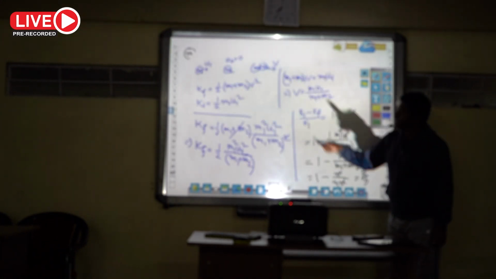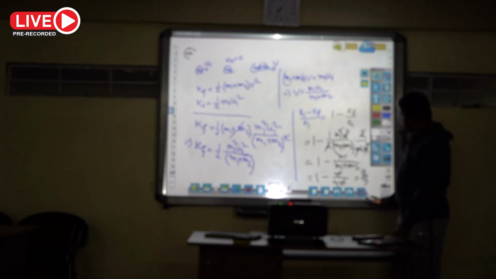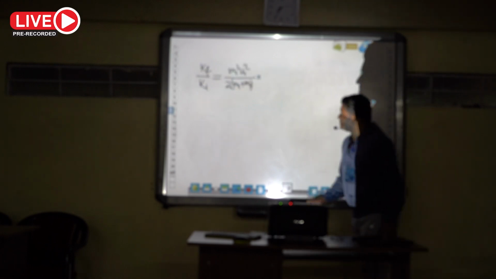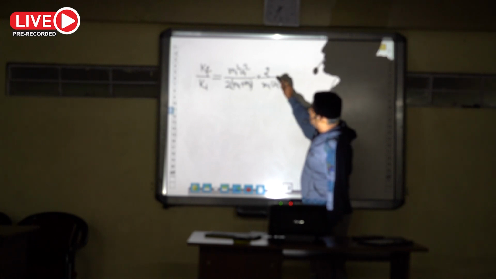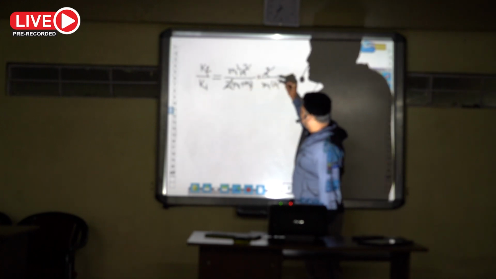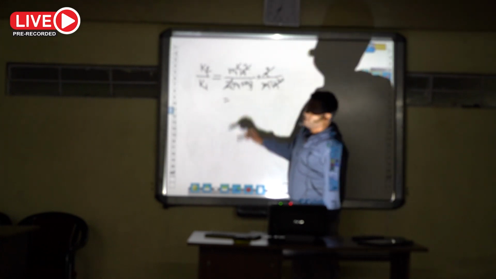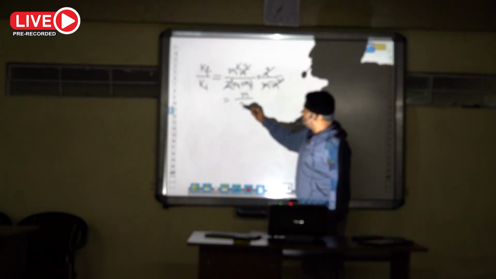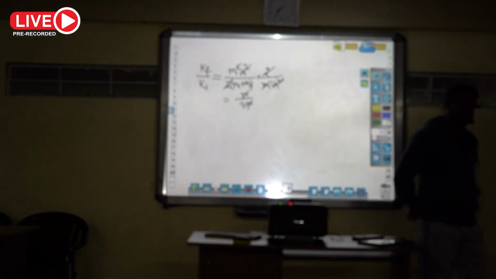Now check what is Ki: m1 u1 square by 2. So it will be 2 by m1 u1 square. Put 2 by m1 u1 square. Then this will give you the answer m1 by m1 plus m2. m1 is m, this is 3m. So the result will become 1 by 3.